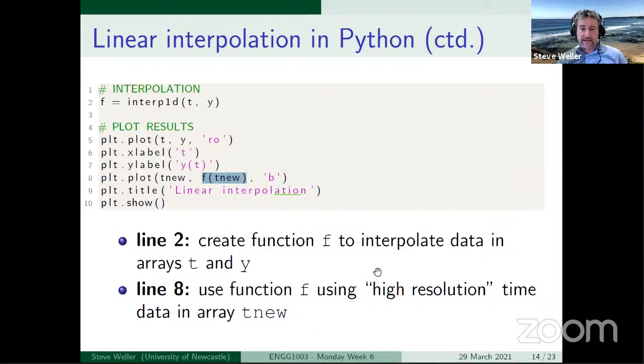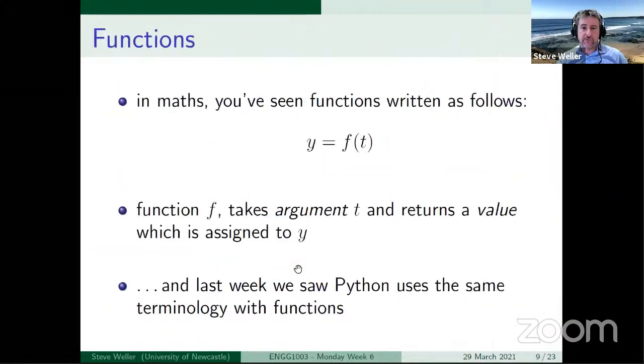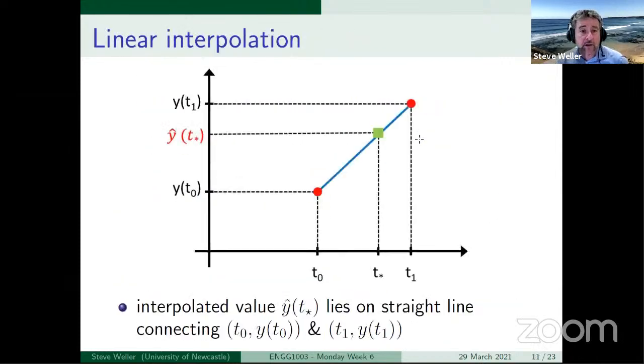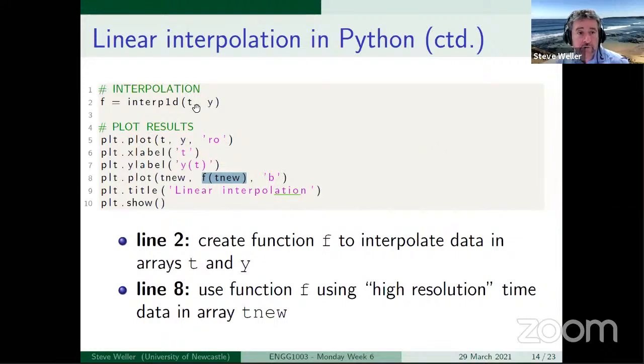In fact, running that code from start to finish will produce the example that we saw back on page 6. Taking a data set and linearly interpolating between the points, having created the function f in line 2 here, we can then apply that to any time point we like.